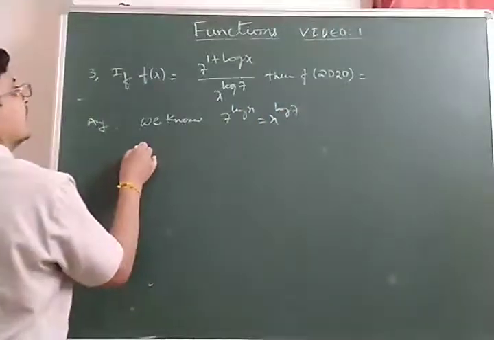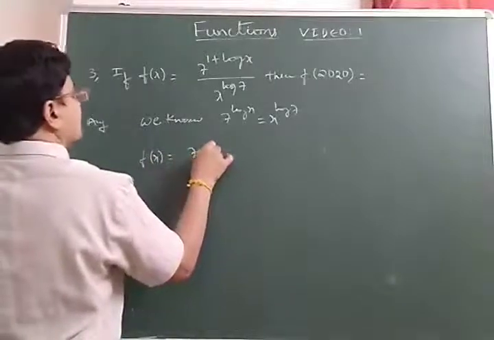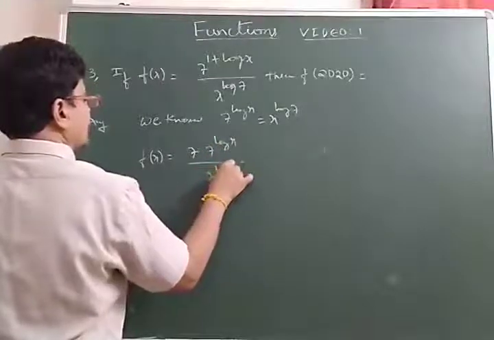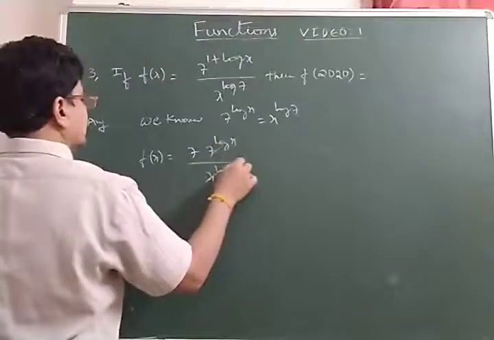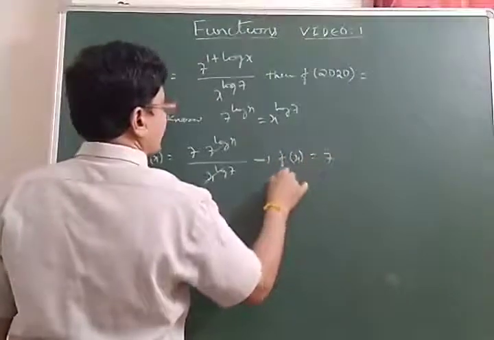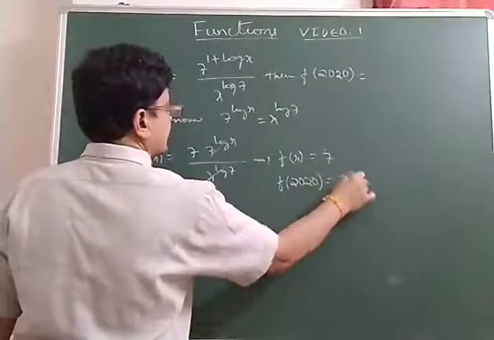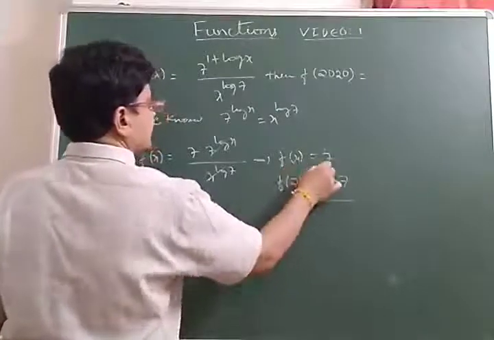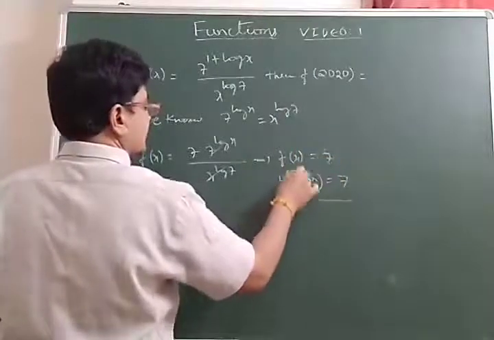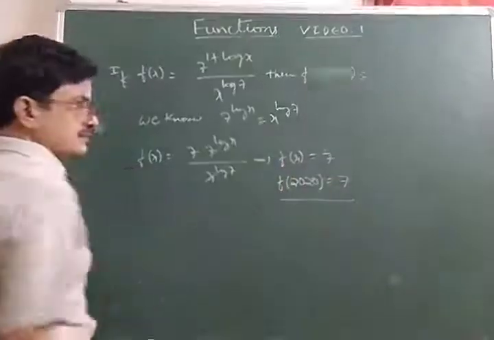So f of x is equal to 7 into 7 to the power log x by x to the power log 7. Both are cancelled. That implies f of x is equal to 7. Now f of 2020 is also 7, since f of x is a constant function.